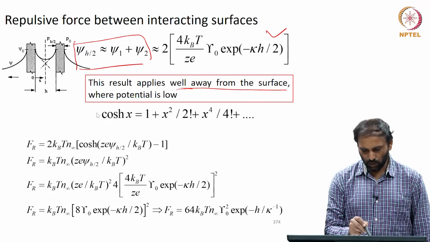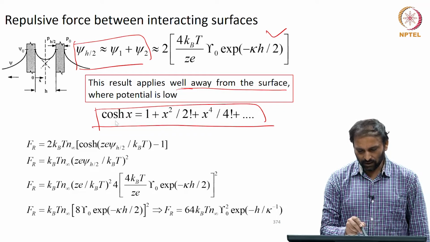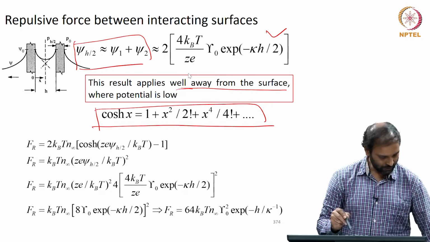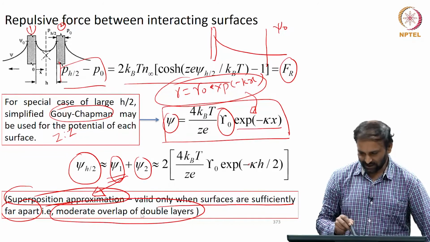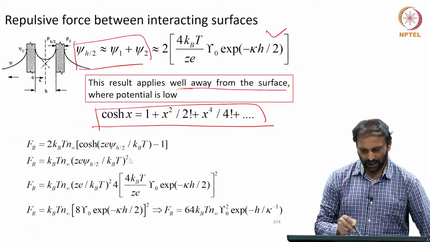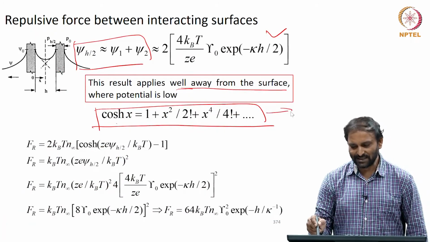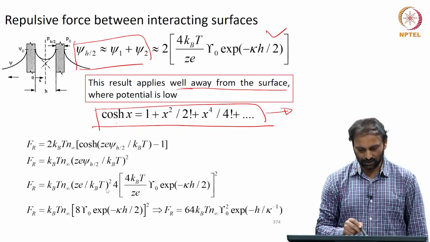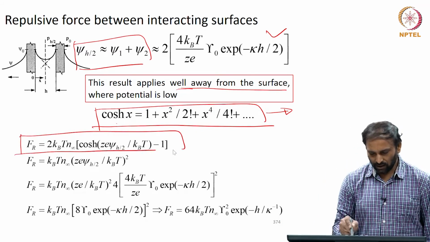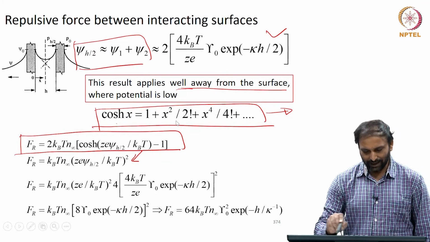And we can of course consider the cos hyperbolic that you have here. If you look at the expression for the excess force, I have a cos hyperbolic term, and I can consider a series expansion of the cos hyperbolic term and neglect the higher order terms.